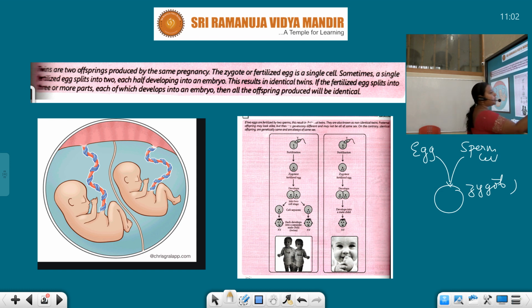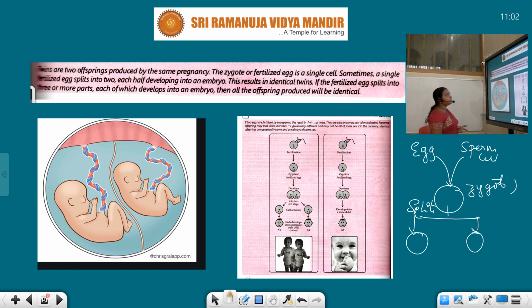This zygote divides into two, and by the splitting process we'll get two cells from the single zygote. This results in the formation of identical twins. If the fertilized egg splits into three or more parts, and each develops into an embryo, then all of the offspring produced will be identical.